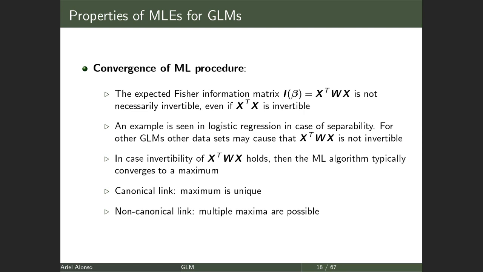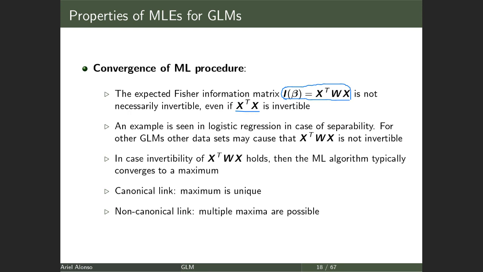Now, in general, the Fisher information matrix that we derived before doesn't necessarily have an inverse. Even when this X prime X has an inverse, in general, this matrix over here may not have an inverse. And that implies that your algorithm will not converge.